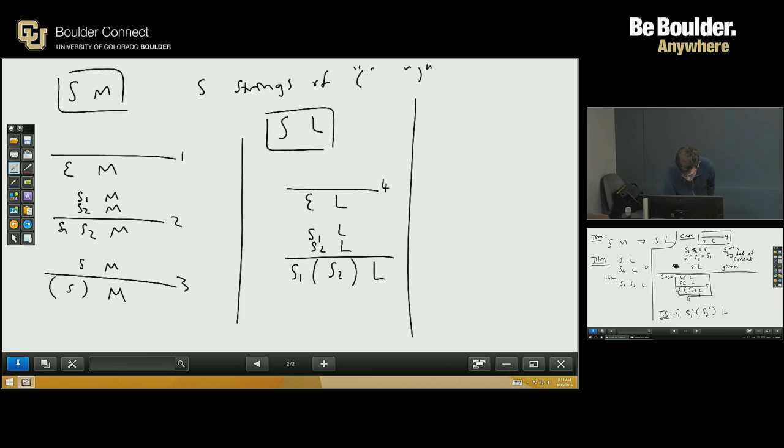So you're saying to apply the inductive hypothesis to this part, is that right? Okay. And then what does that tell us? That that's an L? Yeah. Okay, so we can say S1 prime is an L by the inductive hypothesis.